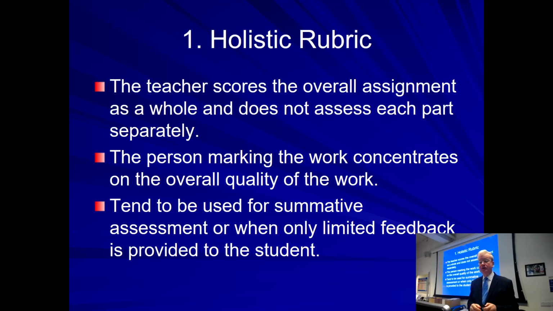So it's all about overall quality. And it tends to be used mainly for summative assessment, that is where you would be interested in just giving a mark and you won't be giving much feedback, or you're giving very limited feedback to the student.